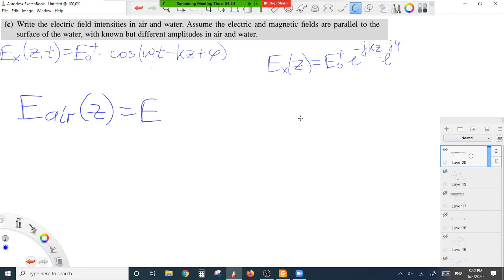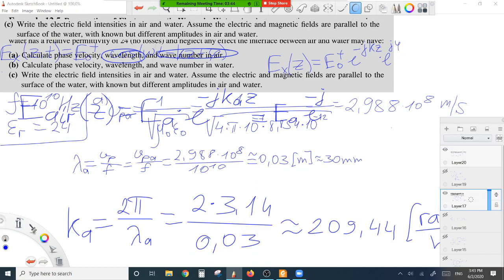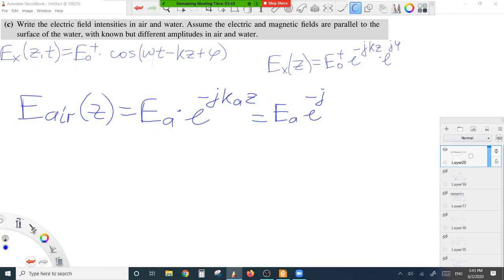So let's write E_A, which is amplitude, multiplied by e to the power of minus j k_a z, or in our case E_A e to the power of minus j 209.44 z.